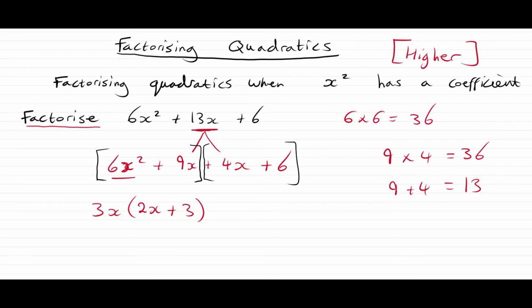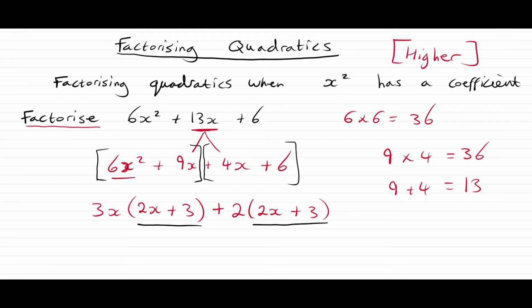And the same can be done on the right. So we now have plus, we can pull out a 2, and then 2 times 2x gives you 4x, and 2 times 3 gives you 6. Now, funny enough, in this particular scenario, you've probably noticed that you've got 2x plus 3 here and 2x plus 3 here.